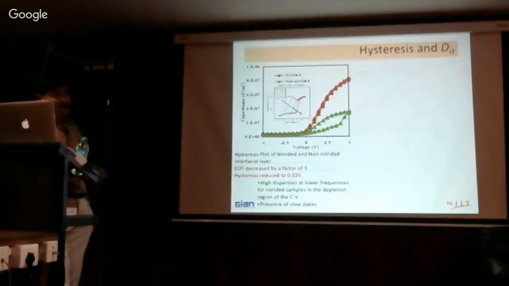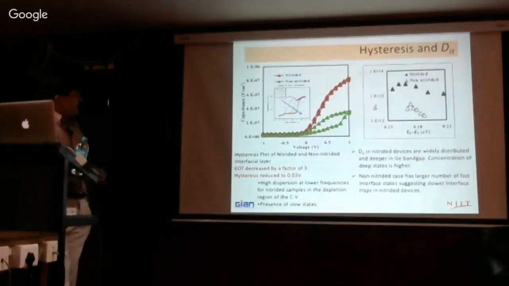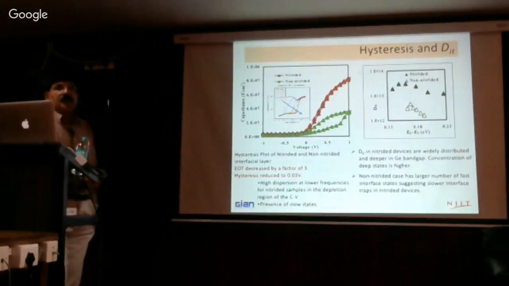Once you nitrate the surface, the hysteresis, that means you go this way and come back, is reduced. But when you look at this as a function of frequency, there is a large frequency dispersion, also on this side. And if you look at the interface state density, the nitrated one has more interface state density.